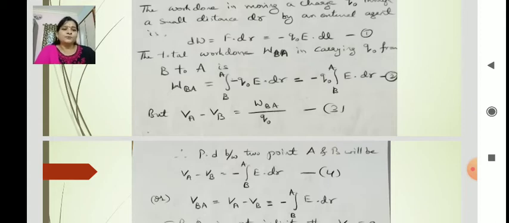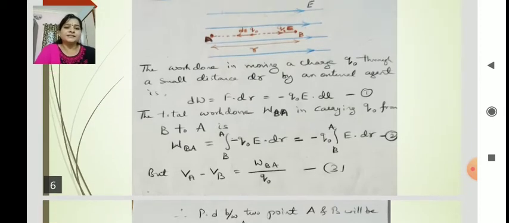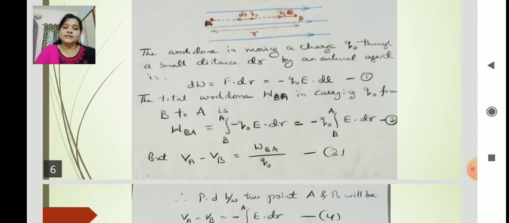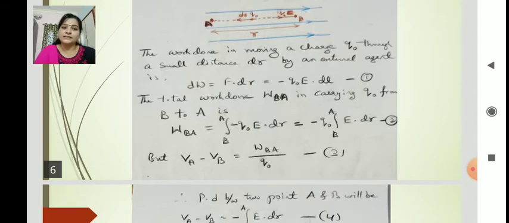Just now we have taken dw as the work done, F dot dr. F is equal to minus Q naught E, because a repulsive force is acting on the test charge in the field set up by the static charges, and to move a small distance dr, the work done is minus Q naught E dr.